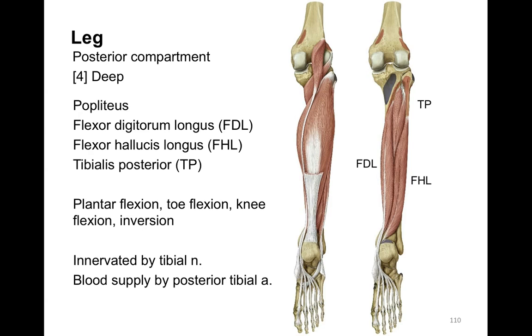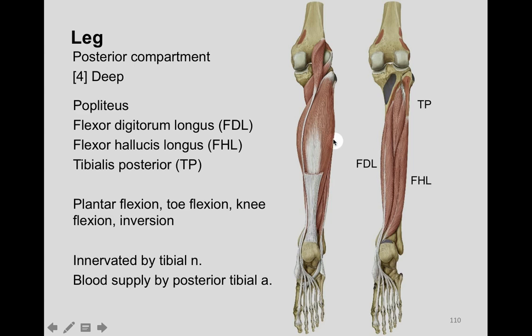And now to the deep posterior compartment. The gastrocnemius has been removed or reflected here, so we can see the superior-most muscle of the posterior deep compartment, the popliteus muscle. We just talked about this muscle in relation to unlocking the knee.